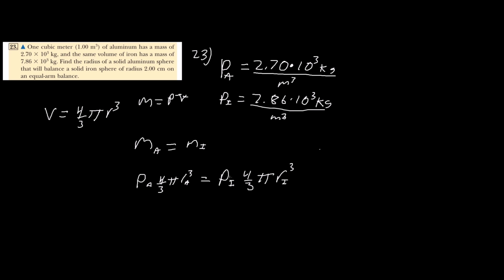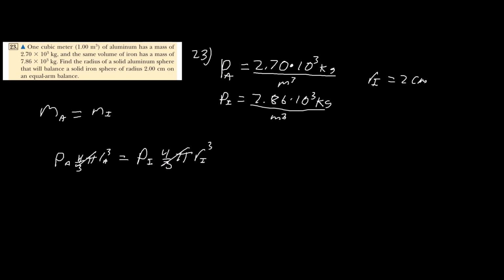And they do give one of the values: the radius of the iron is given, which is 2 centimeters. So we're just solving for r cubed. The 4/3 pi cancels off. I hope you guys are finding this pretty straightforward. If you're lost, that means you need to brush up on your algebra rules, because that's all this is.